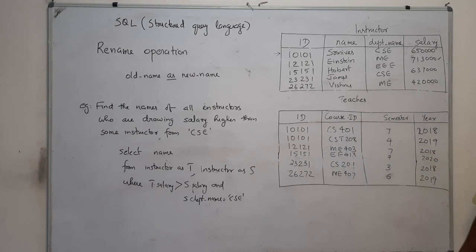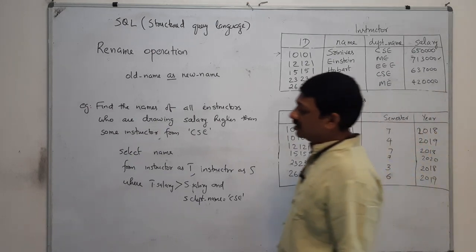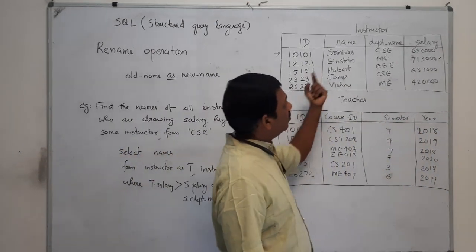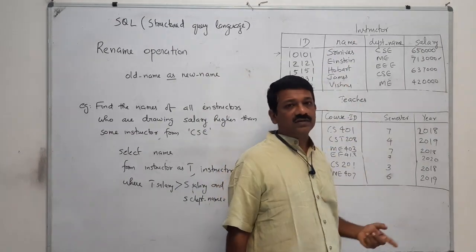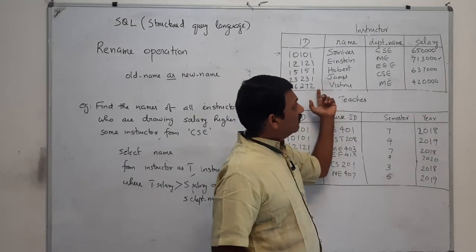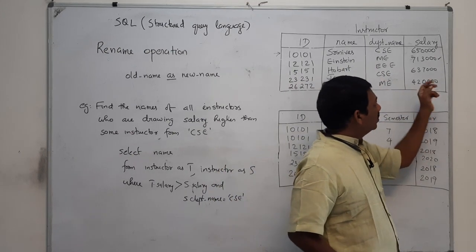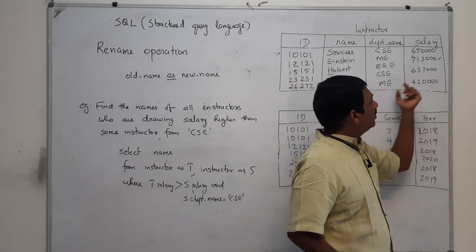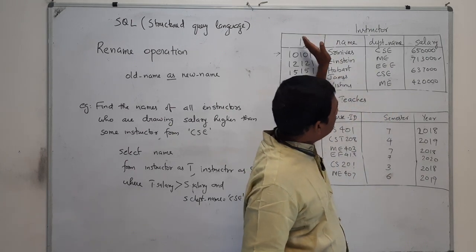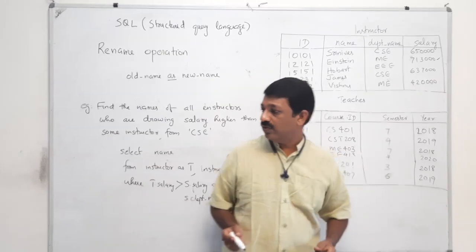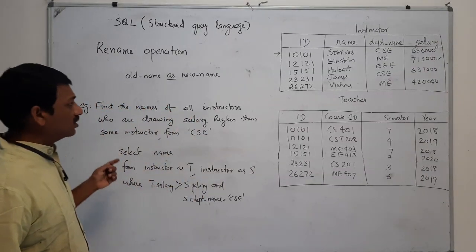Here what you are going to do is take the cross product of instructor and instructor. But you cannot have instructor cross instructor directly.